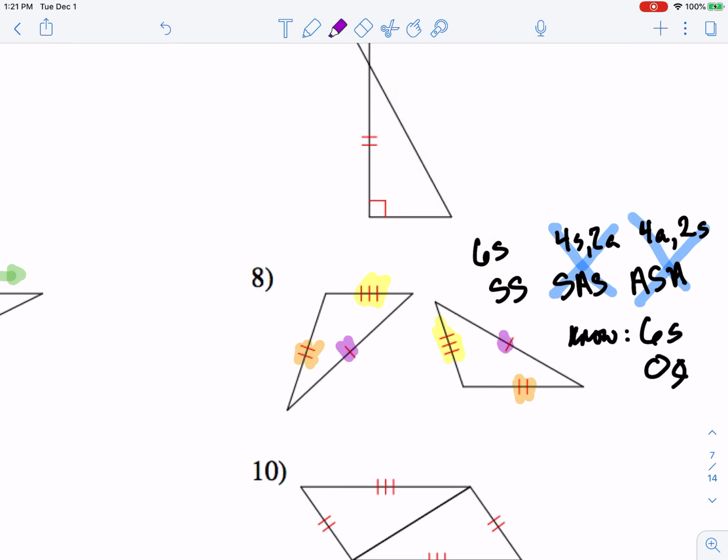So I must also have another side with 1. Remember, these marks mean that the sides and the angles are the same. If they're not the same, then knowing the marks is no longer helpful, okay? So because these marks are the same, we know all 6 of them, we can say congruent by side, side, side.